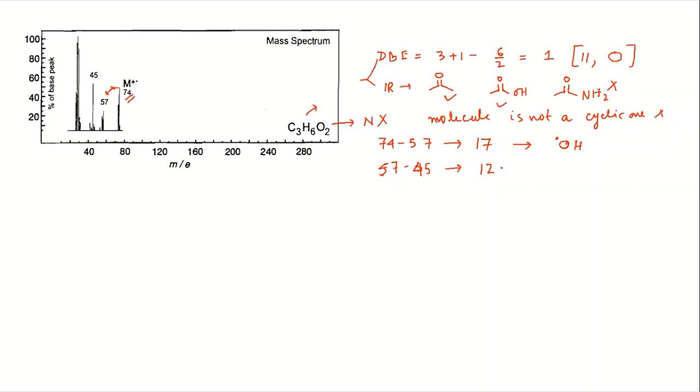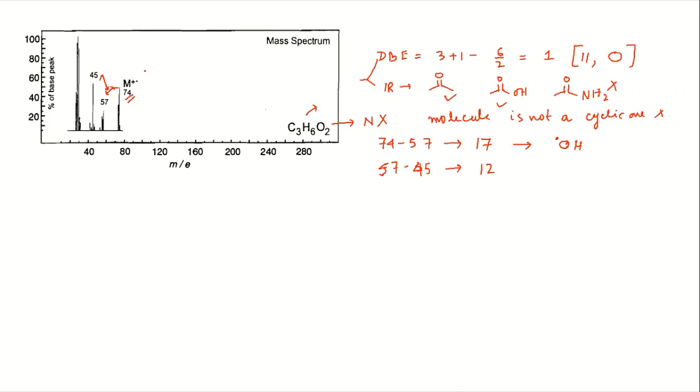So that means 57 is not being fragmented to give 45. It may be another route of fragmentation. From where is it generating?